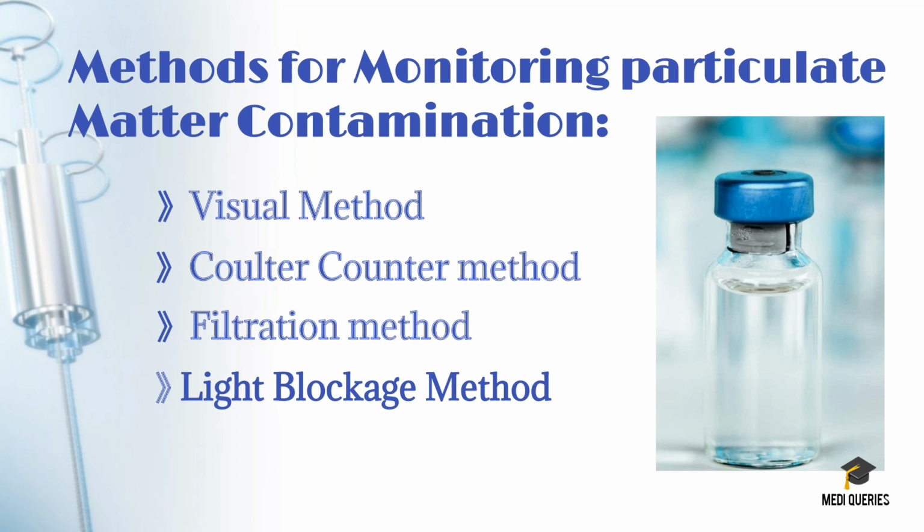The next method is the filtration method. This method is meant for counting particles in hydraulic fluids. The liquid sample is passed through a filter and the material collected on the surface of the filter is examined under a microscope. The method requires skilled and highly trained technicians. The next type of method is the light blockage method.